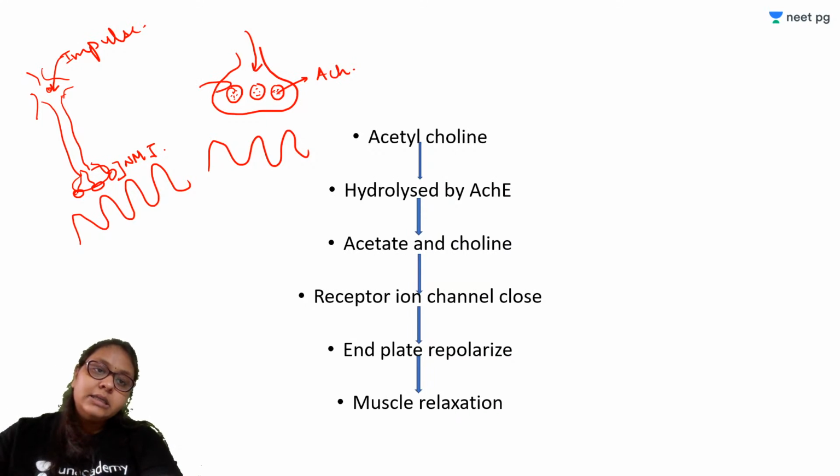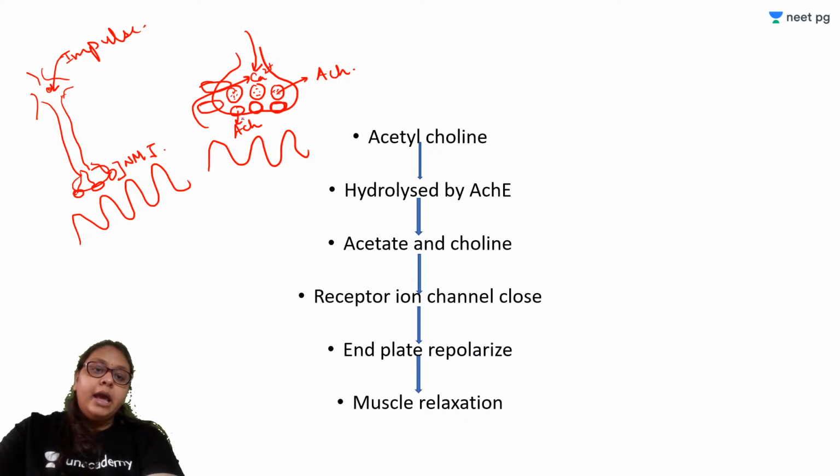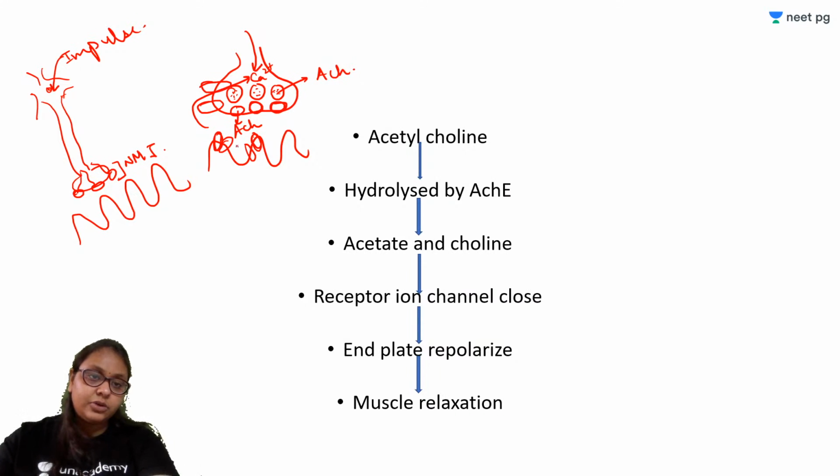There are voltage gated calcium channels here. Through this, the calcium influx takes place, and this calcium causes these synaptic vesicles to fuse to this membrane, and there is release of the acetylcholine. This acetylcholine reacts on the acetylcholine receptors present on the muscle membrane.